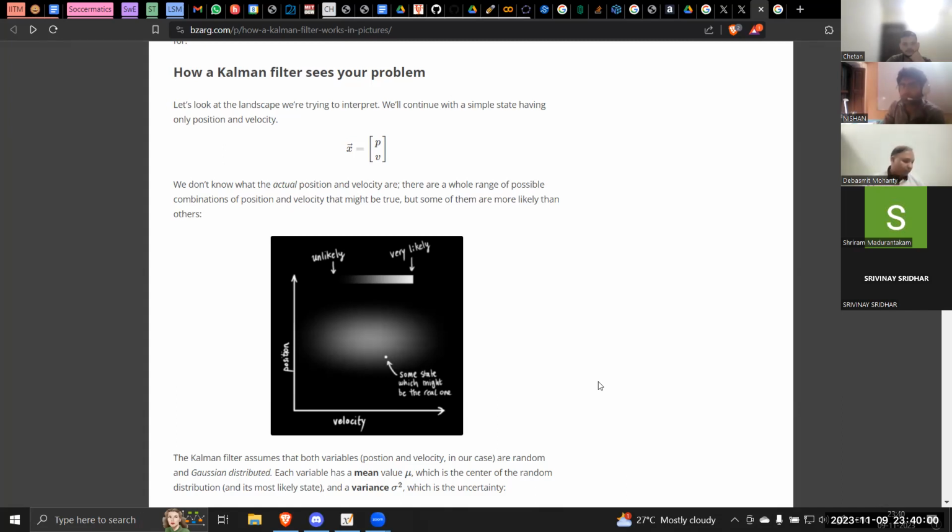How do you say that the velocity is left skewed? Because it is very likely on the right, that means my probability mass is bigger on the right hand side compared to the left hand side. The tail is bigger on the left hand side. That's why it is left skewed. See, the hump is on the right, of course, but the tail will be larger on the left hand side, right? So the left tail is longer, and then after that it pops up.